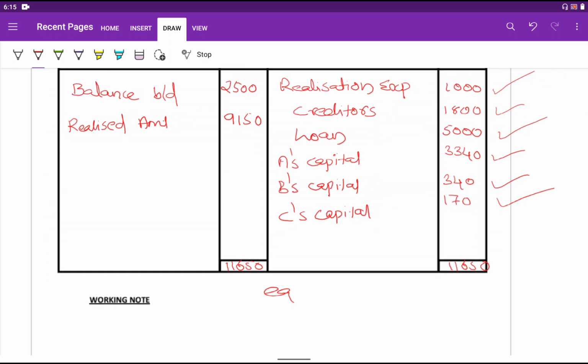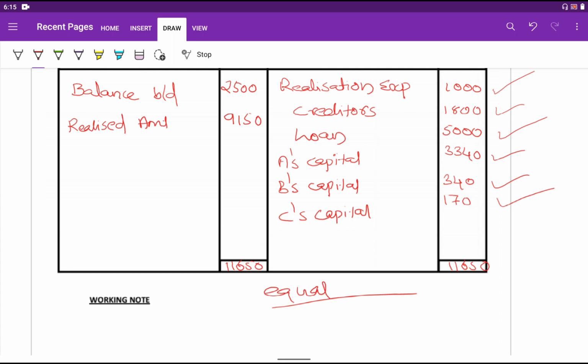What is the reason? Because after settling all the liabilities and after getting all the realized amount, and after settling the partners' money also, automatically this will be equal. If it is equal, it means the answer is correct.